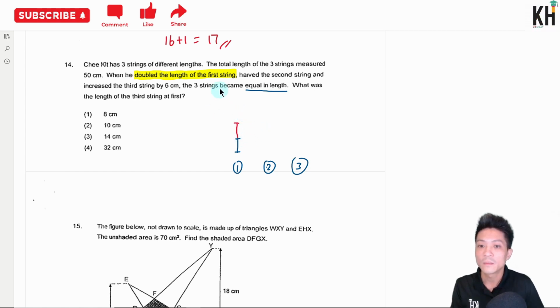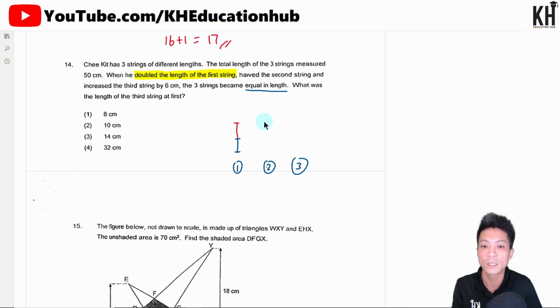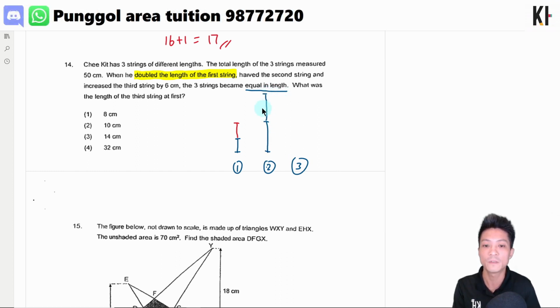And then after that, he halved the second string. Remember, after halving it, they became the same length. So I'm going to cut it like this for the second string. This is the original length of the second string, but this part over here was cut away.